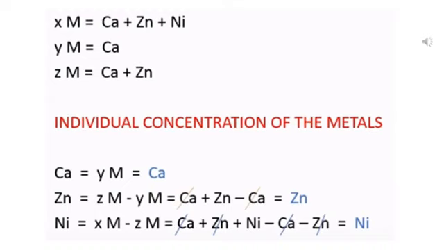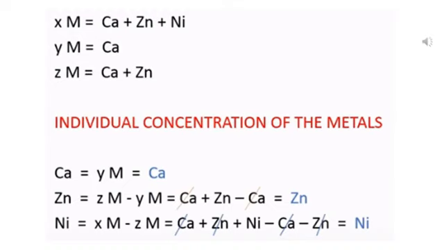Similarly, if you want to find the concentration of nickel, you will subtract Zm from Xm. Xm is equal to the concentration of all three ions, that is calcium, zinc and nickel, and Zm is equal to the concentration of calcium and zinc.